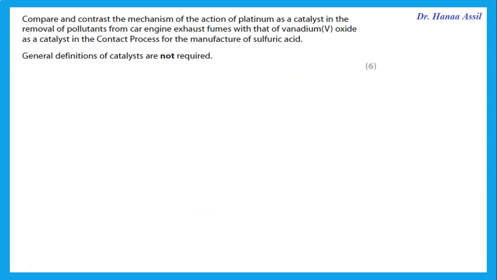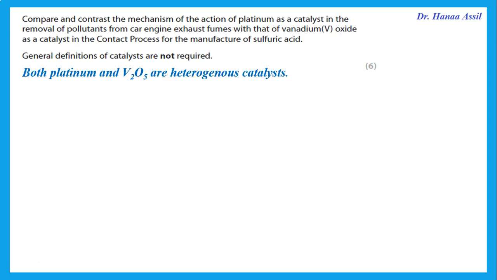Compare and contrast the mechanism of the action of platinum as a catalyst in the removal of pollutants from car engine exhaust fumes with that of vanadium oxide as a catalyst in the contact process for manufacture of sulfuric acid. Please pay attention to this. We said we can use platinum as a catalyst in the catalytic converter.